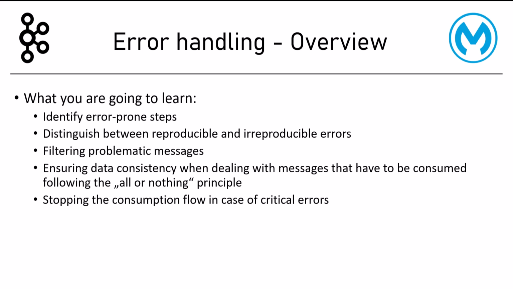An important concept when it is about dealing with errors that are specific to certain topic messages is the filtering of these messages such that the consumption flow can go on with the remaining messages. The method that will be introduced in this section allows you to do so without the use of a so-called dead letter queue.